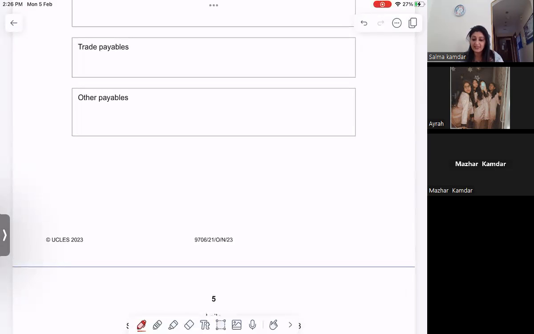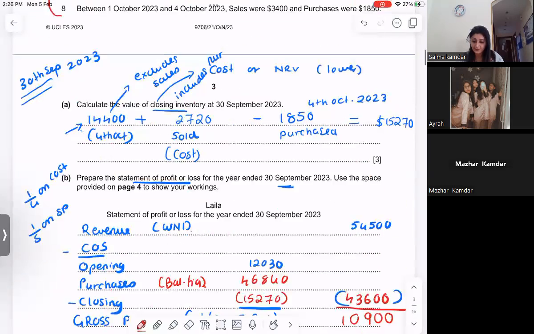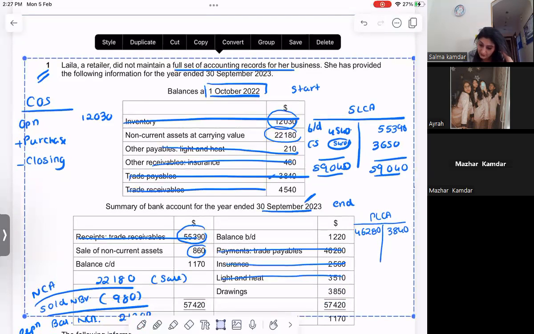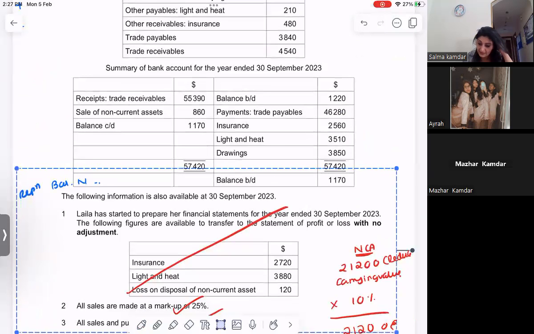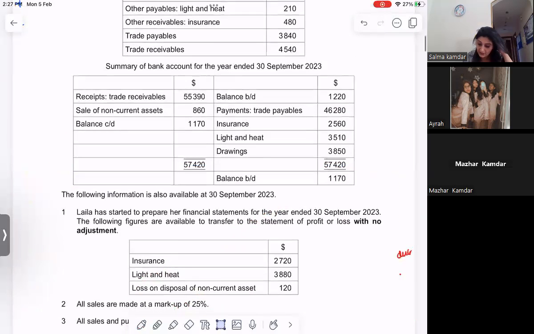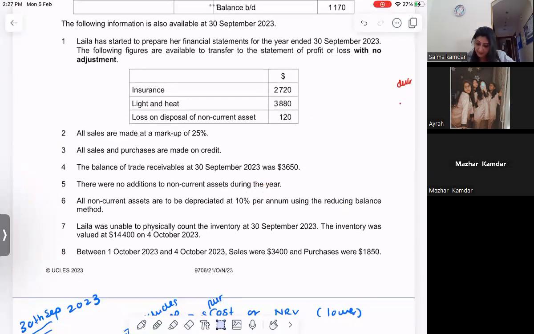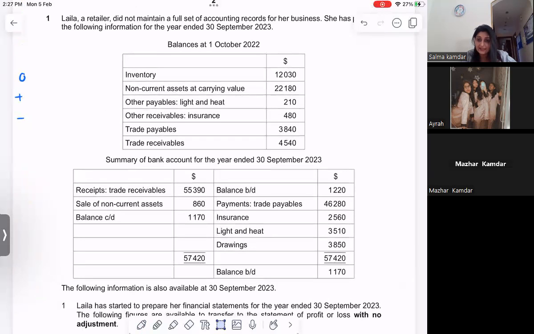Try to first analyze and think, and then we will prepare it together. So we have to find out certain things, what they have asked us to find out, and using that information, we will prepare our statement of financial position. Try, and then I will come back.